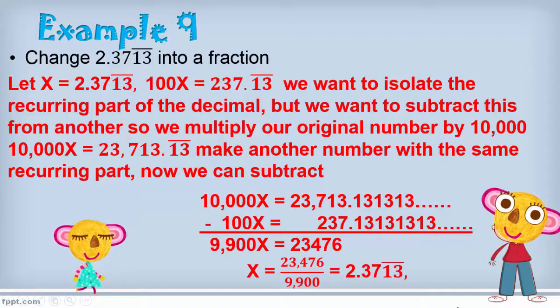We divide by 9,900, and we get x is equal to 23,476 over 9,900. And then I checked on the calculator and saw that indeed, after I did the division, I got this number back.